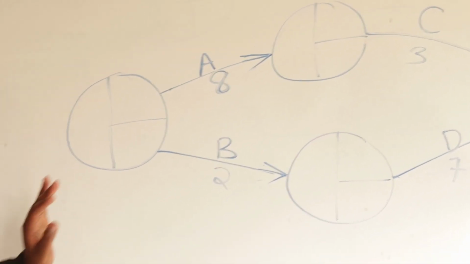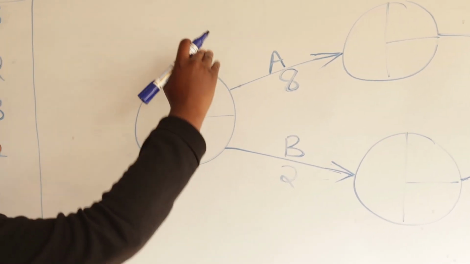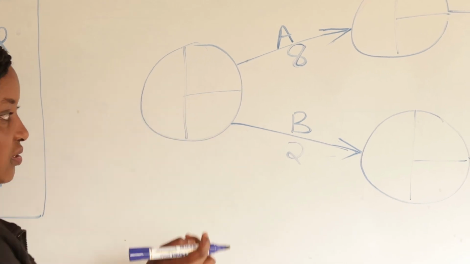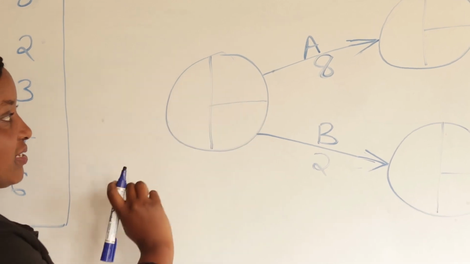In this case, I've subdivided so that the upper quarter will present the early starting times and the lower quarter will present the late starting times. So I'd like us to start.